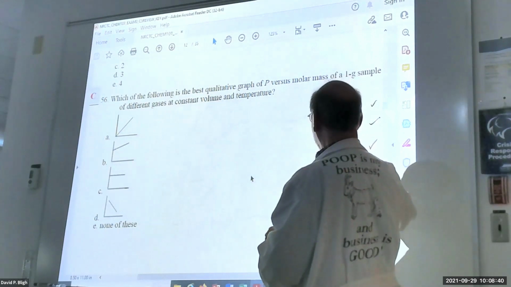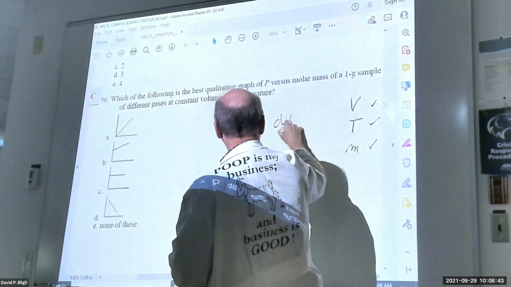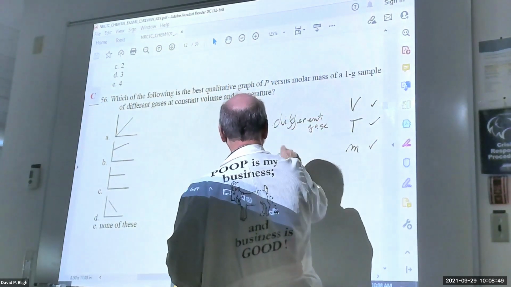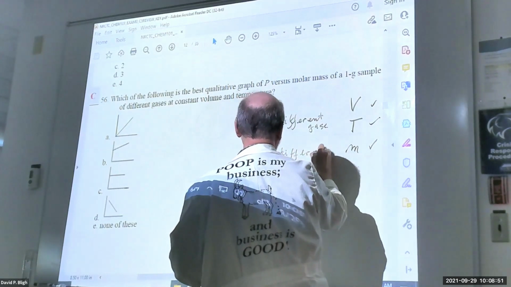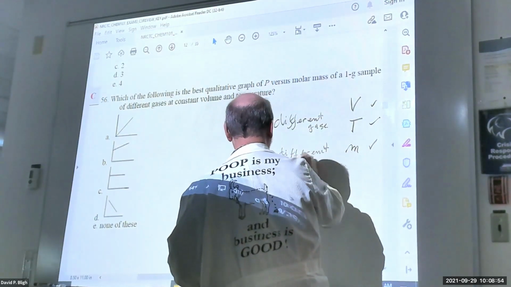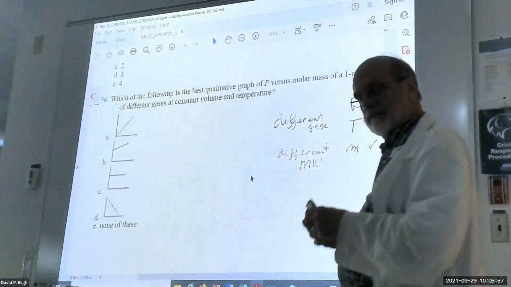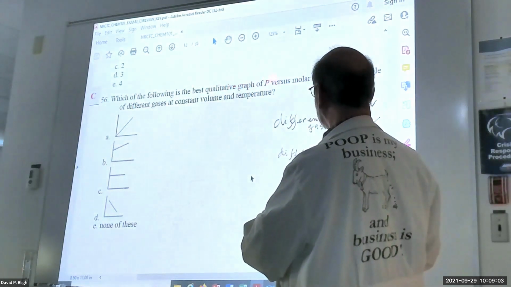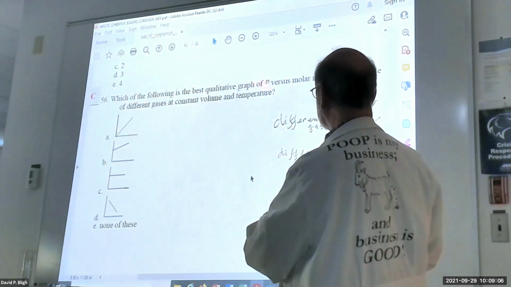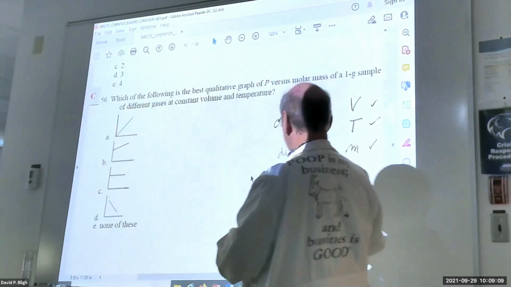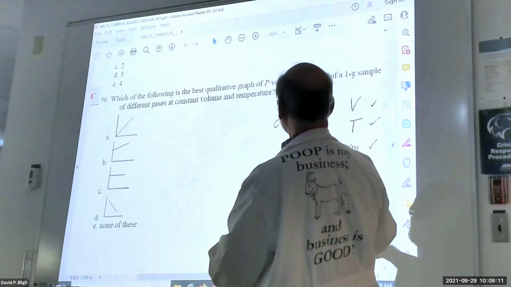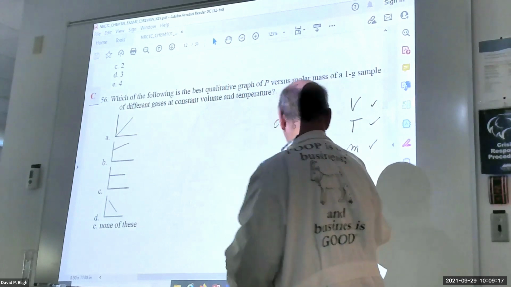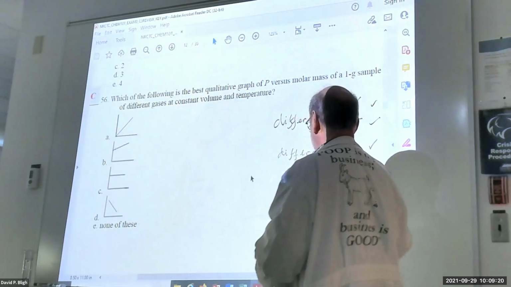What we're varying is different gases, so different molar masses. We want to plot pressure versus molecular weight. That's our target.